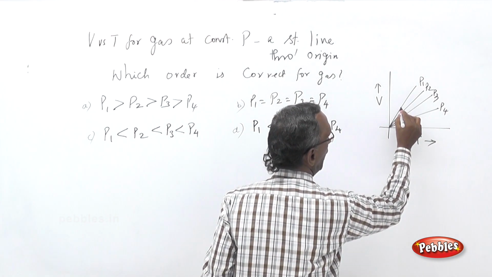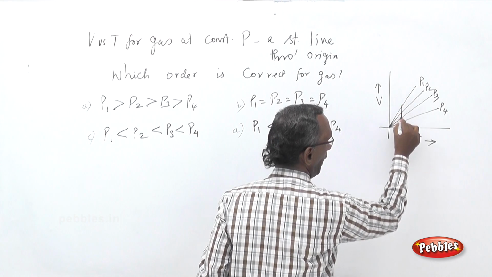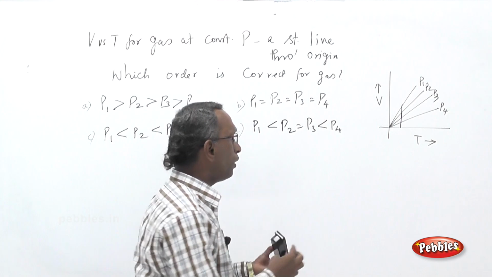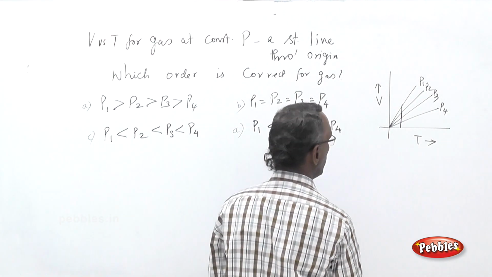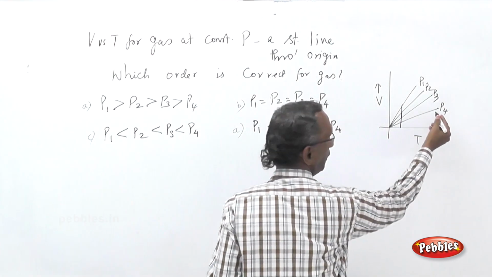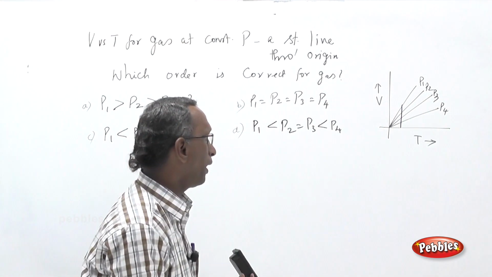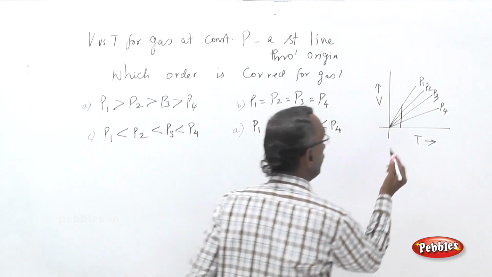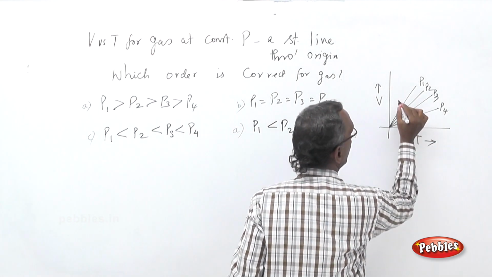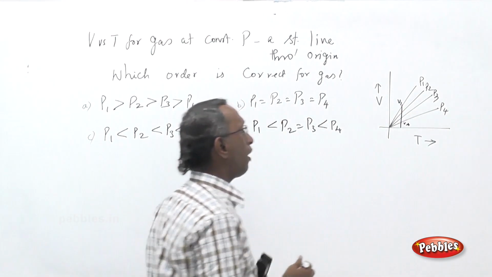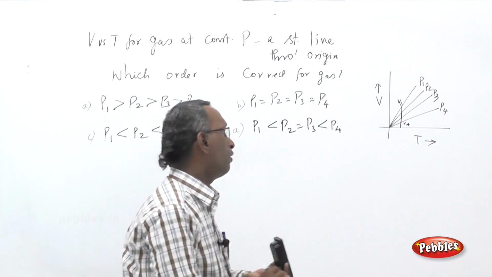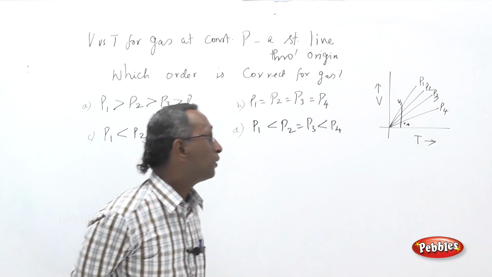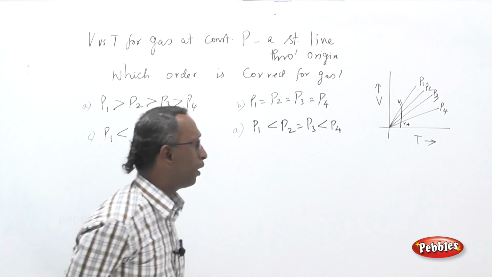For this analysis, let us fix a line parallel to the volume axis. Correspondingly, we can mark the respective volumes. The bottommost straight line is the plot at constant pressure P4; let the corresponding volume be V4. Similarly, the topmost line is the volume versus temperature plot at constant pressure P1; let the corresponding volume be V1.